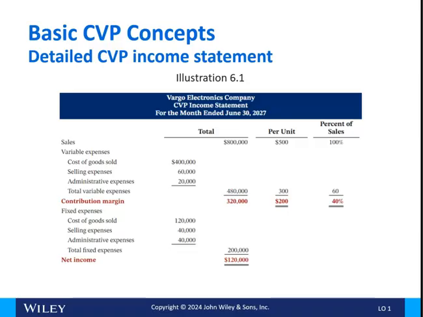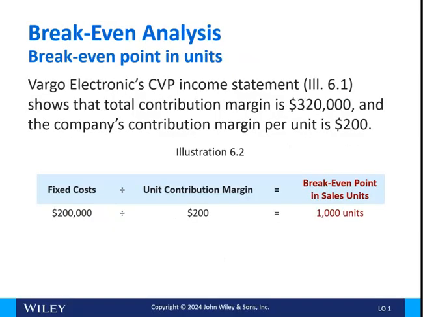And again, remember the net income that we show here will be the same net income as if we would do a GAAP income statement or a traditional income statement. So we're not adding or changing costs, we're just putting them in different line items and different categories within the income statement.